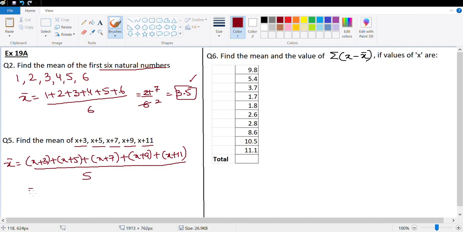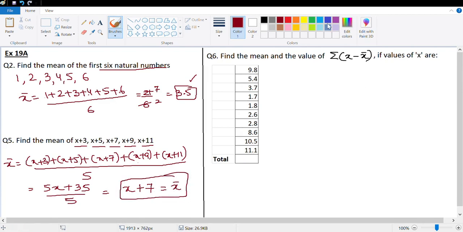So this is 5x plus 3 plus 5 is 8, 8 plus 7 is 15, 15 plus 20 is 35. 35 upon 5. So this is equal to 5x upon 5, which is x, plus 35 upon 5, which is 7. So the mean of this observation is x plus 7. Good, let's look at the next one.